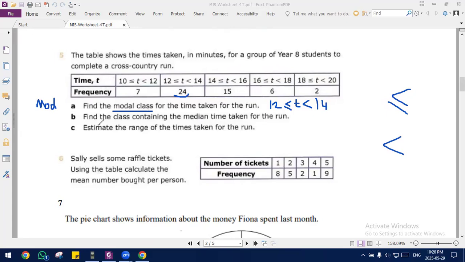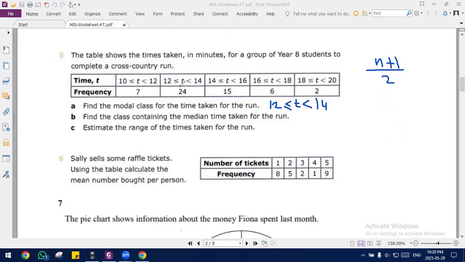Now B, find the class containing the median. The median is the middle value. As we said, we do the formula n plus 1 over 2 to find the place of the median. Now, do we know n? We need to count them.